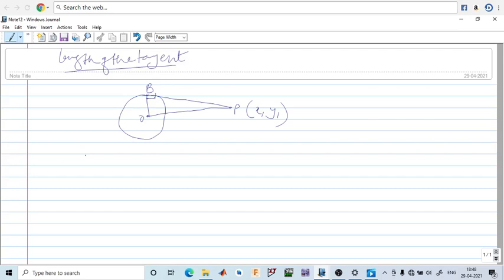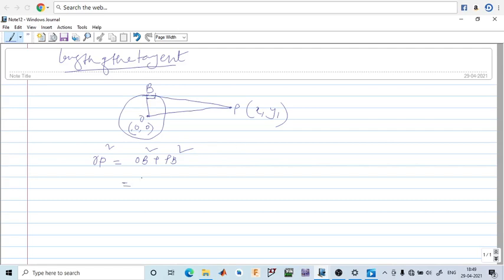So if I use Pythagoras theorem, then OP square equals OB square plus PB square. Suppose the center of the circle is lying on the origin (0, 0). What is OB?